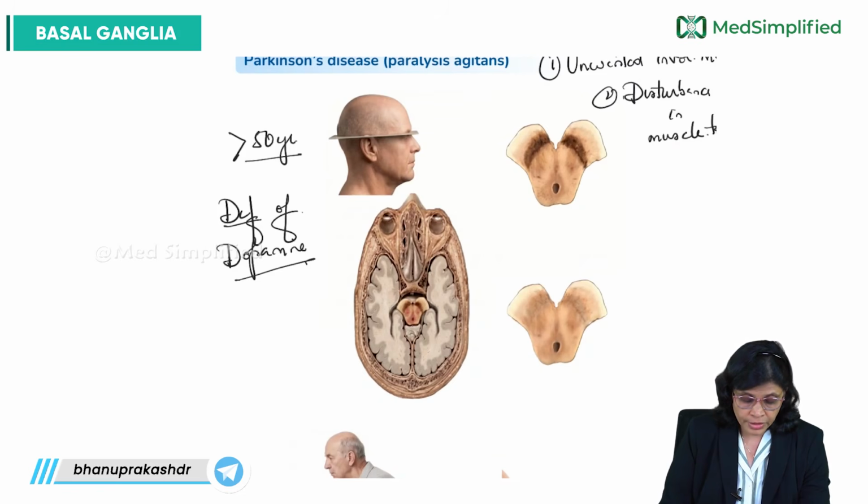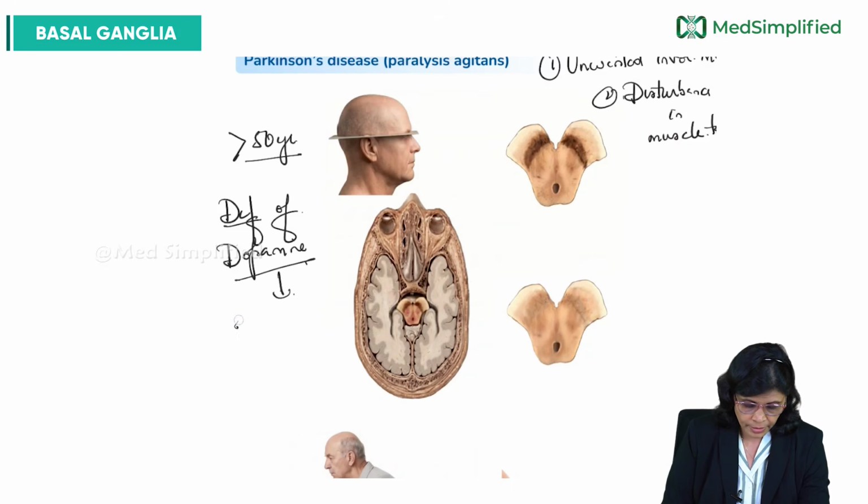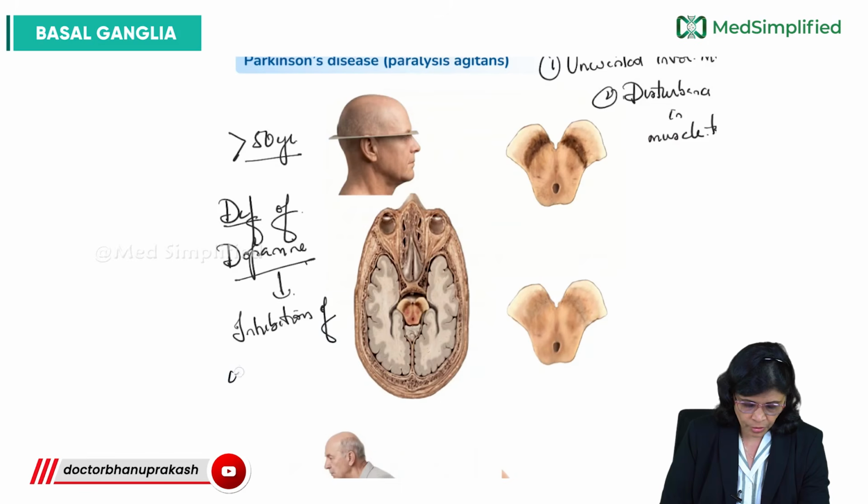Right. So what does this dopamine do? The dopamine causes inhibition of cells within the corpus striatum, so that any unwanted movements are inhibited.